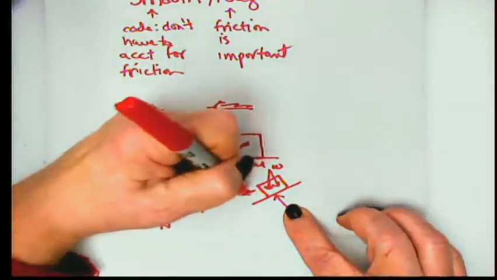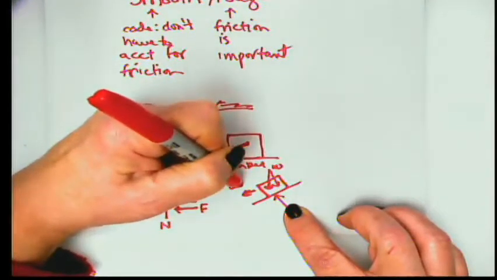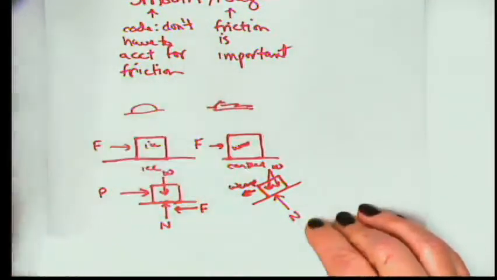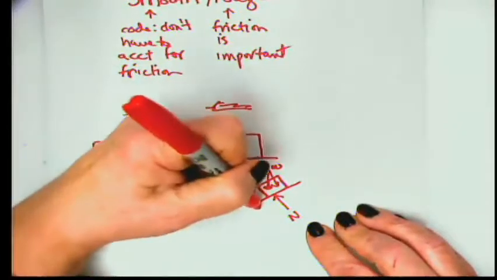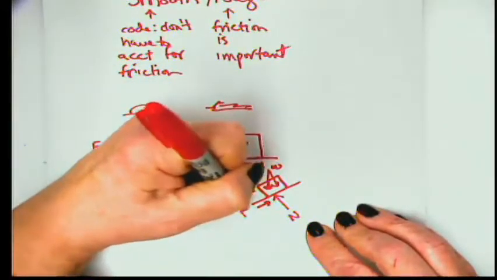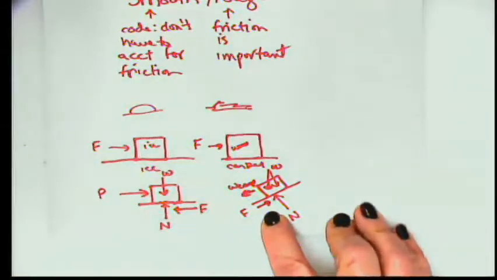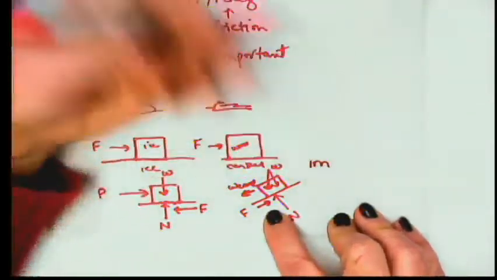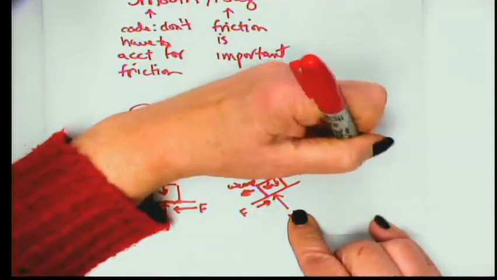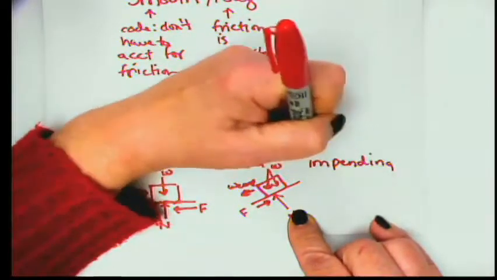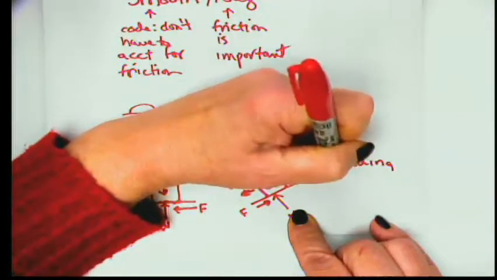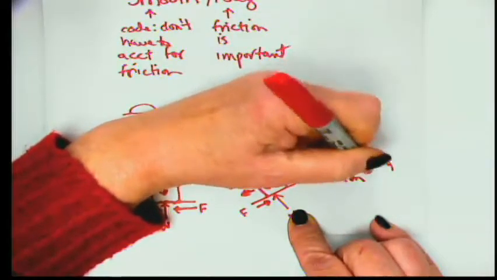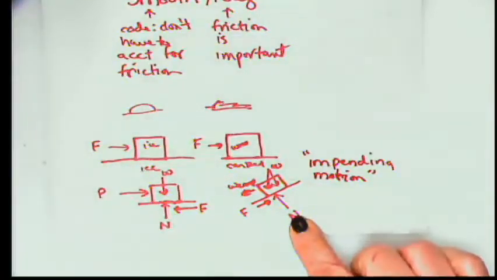Similarly here, this component of the weight is attempting to push the block down, but some sort of frictional force is going to be responding and attempting to not allow it to move down the plane until we reach a point which is called impending motion, or on the verge of just barely starting to move.